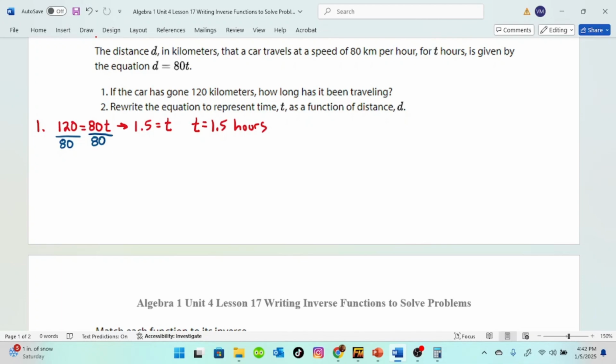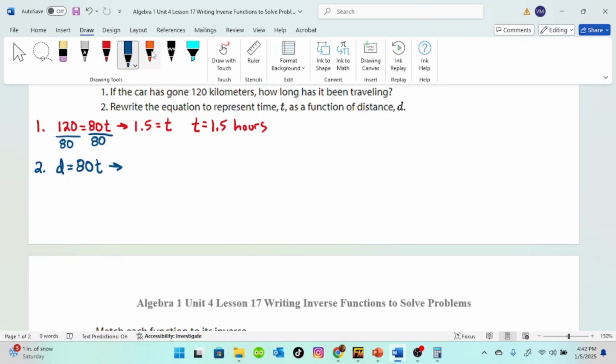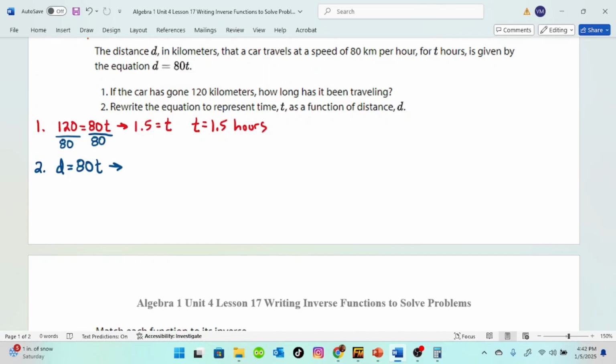Number 2 says rewrite the equation to represent time t as a function of distance d. So what we can do is take the original equation, d equals 80 times t, and in order to get t by itself, we would divide 80 on both sides.